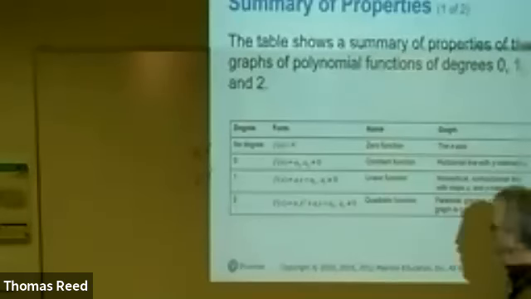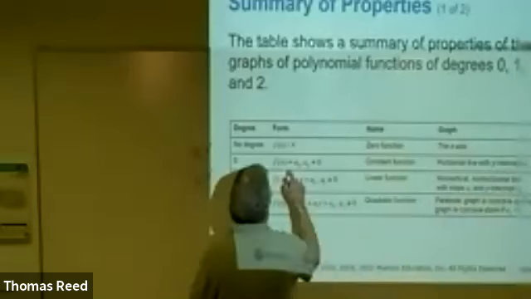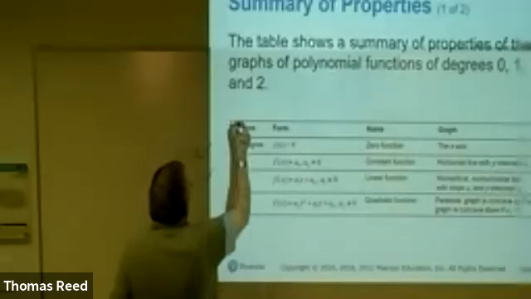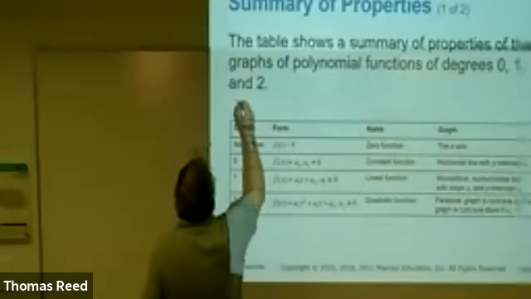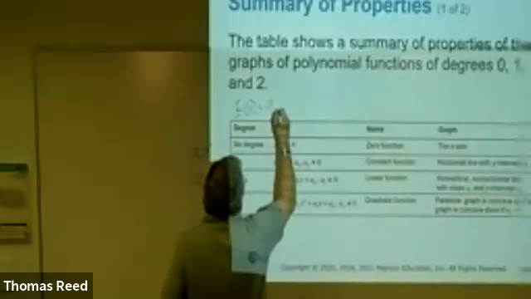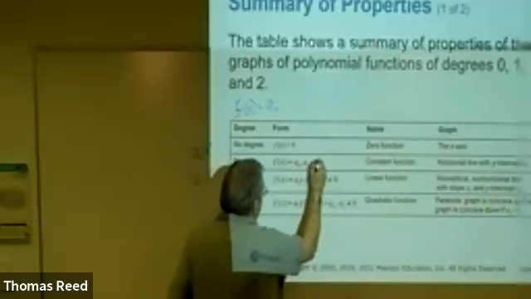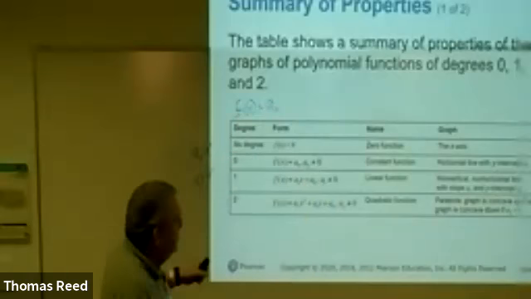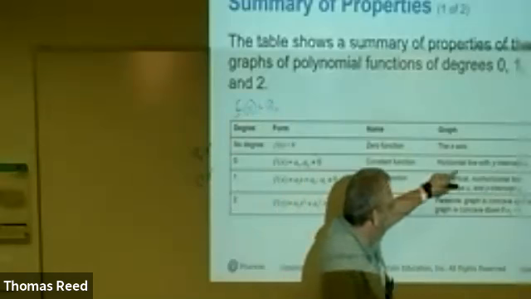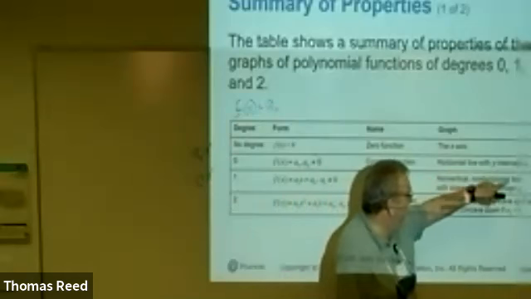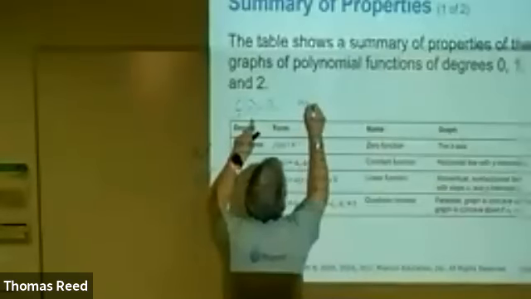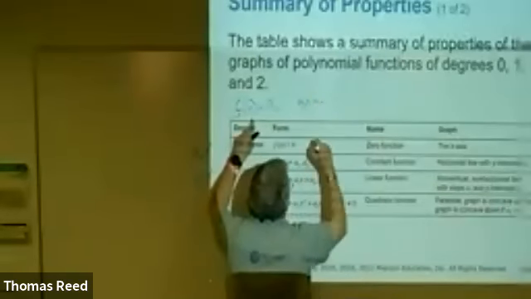So this here is f of x equals a sub naught, where a sub naught is not equal to 0, is a constant function. It's a horizontal line with the y-intercept being a sub naught. Another way of writing this is y equals a sub naught.